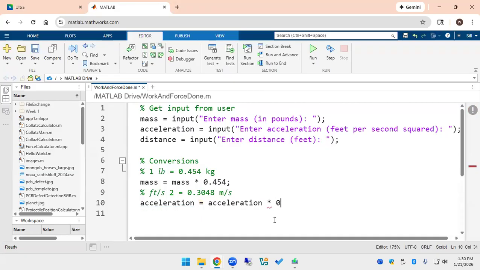So it'd be 0.3048 semicolon. And this should be in a different place. There it is. Boy, I need to paste this in the notepad first. Yeah, we'll get to that later. And we do the last one, same pattern.